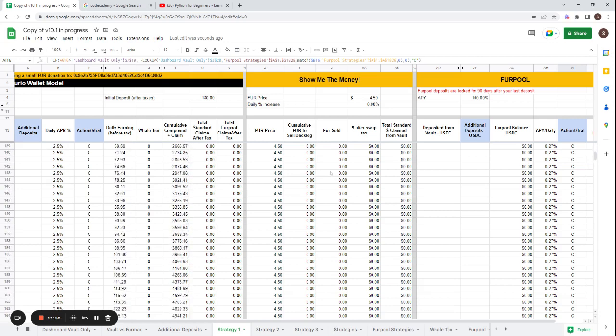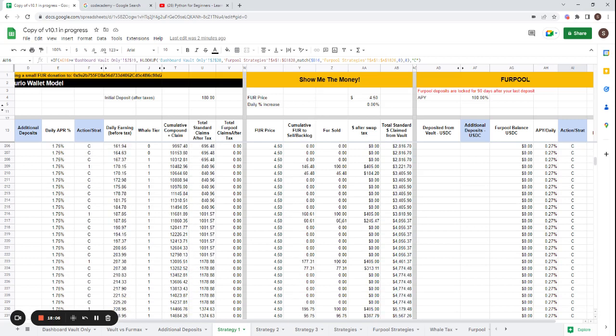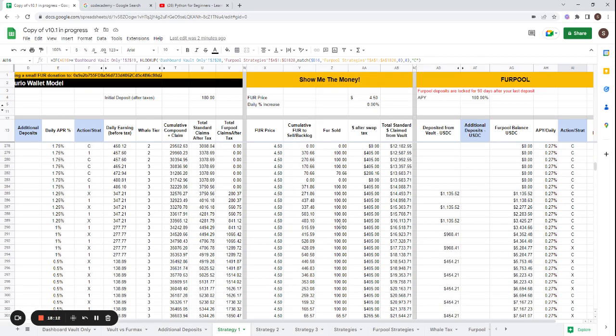Scroll down. Now we're starting to make some claims. So we can see here our first claim is for 120 FUR. We can only sell 100 FUR. So we've got a backlog then of 20 FUR. And so we sell that 20 FUR the next day. And so as you see here, it really doesn't affect you at all until you get to max wallet.